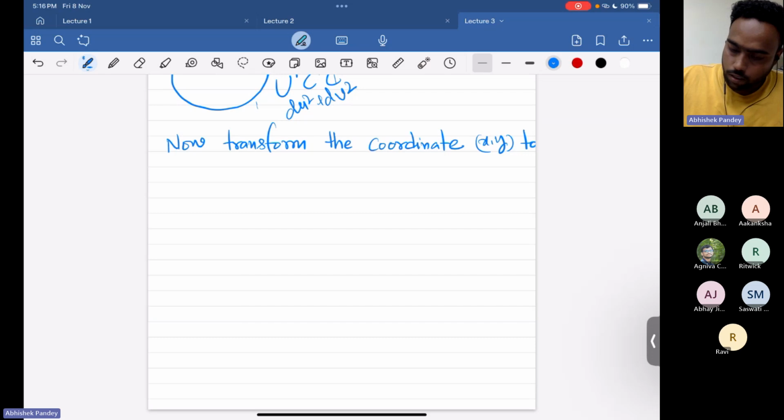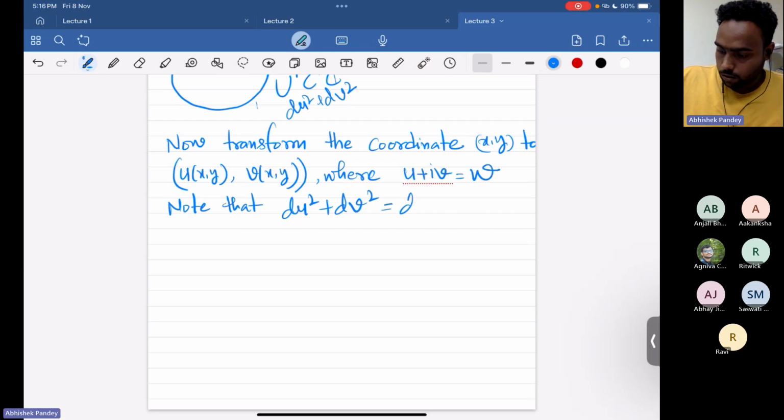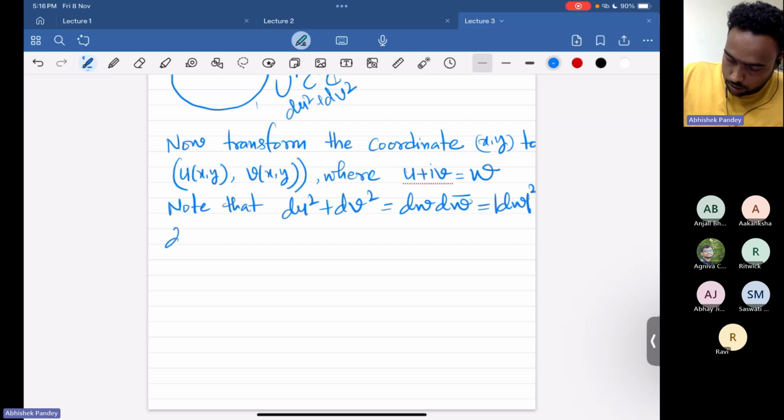Now transform the coordinate xy to u of x comma y, v of x comma y, where u plus iv equals w. Note that du square plus dv square is nothing but dw times dw bar, the modulus of dw squared. What is dw?